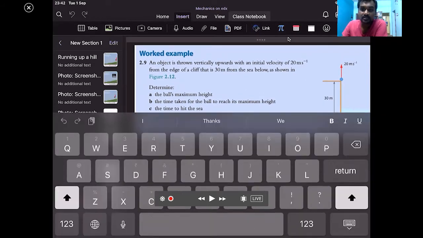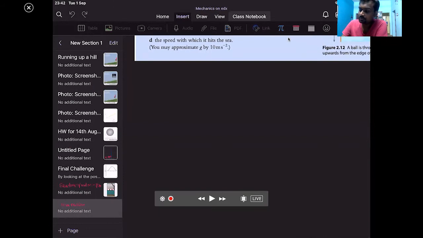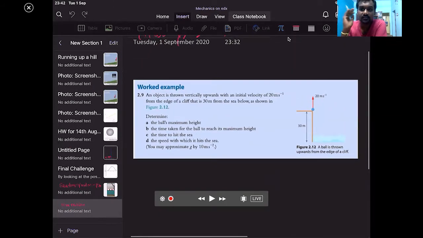See, it is very important to understand that the equations of motion which we are going to use to solve these kinds of problems can be applied only when the acceleration due to gravity, or for that matter any acceleration, is constant. So in cases like a ball dropping or a ball being tossed upwards, it is important to notice whether the air resistance is negligible or not.